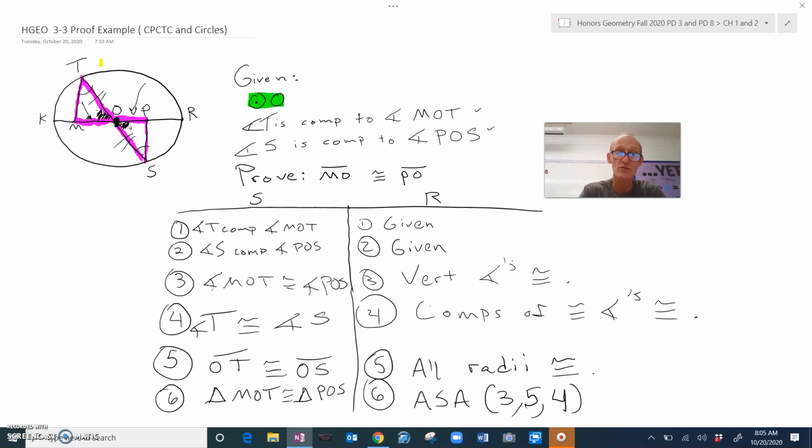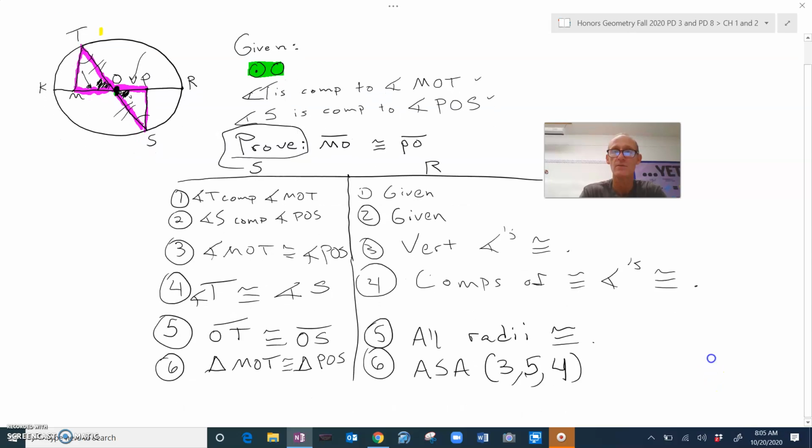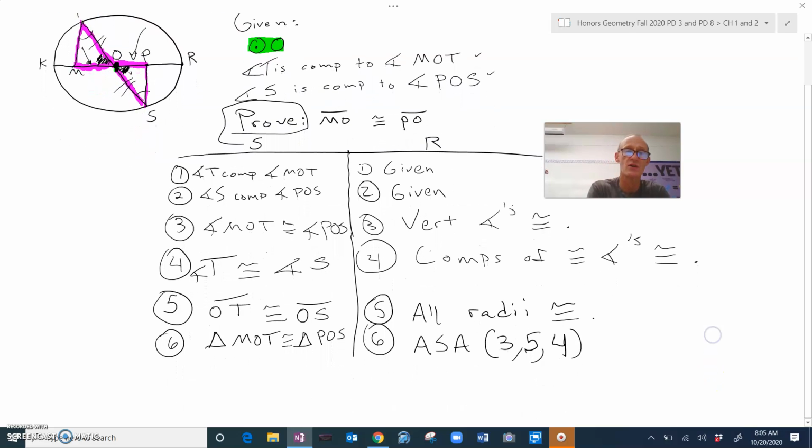So since the two triangles are congruent, their parts are congruent. I hope you can see here that if we have to prove MO is congruent to PO, and you see this MO right here and this PO right here in the two triangles, that's the same thing. So we're done. Basically, we're going to use CPCTC. So MO congruent to PO.